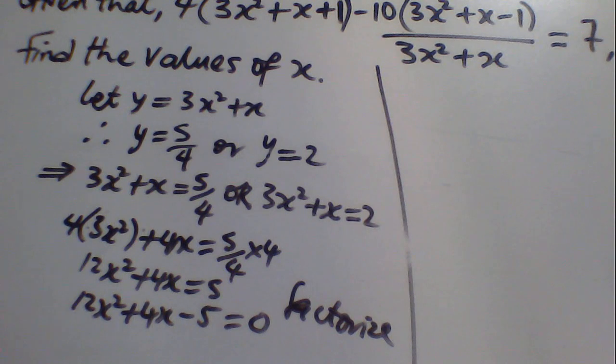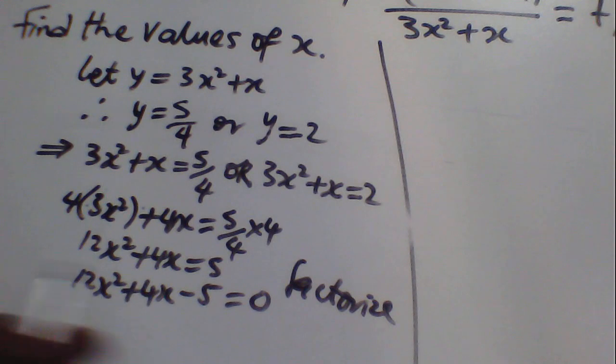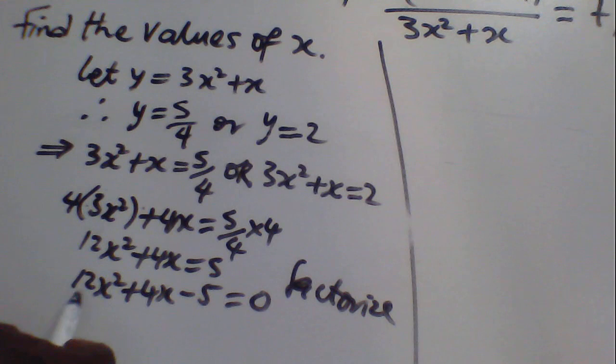Find two terms in which if you add them, it will be equal to plus 4x, and when you multiply the two terms, it will give us the product of the first term and the third term.